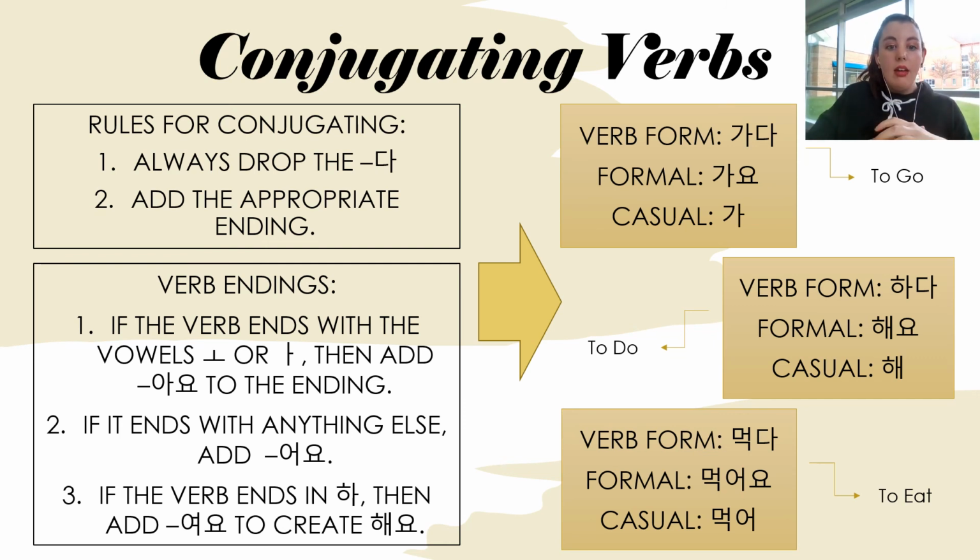And if the verb stem after you dropped da ends with anything other than o or a, then you add oyo to the ending. And finally, the third rule is just applicable to ha: you add yo, which just creates heyo. So I'm sure you've heard the word like 사랑해요.